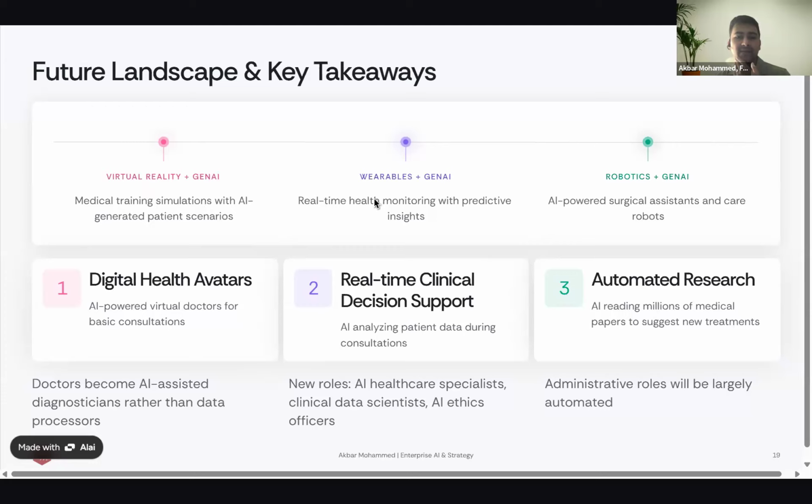The second one is wearables. You have Apple Watches that can do a lot of health monitoring already. Not a lot, but at least the basic ones. You will also see more advanced wearables that can do more sophisticated monitoring and even provide predictive insights. And I'm not talking about something as simple as heart rate monitoring.